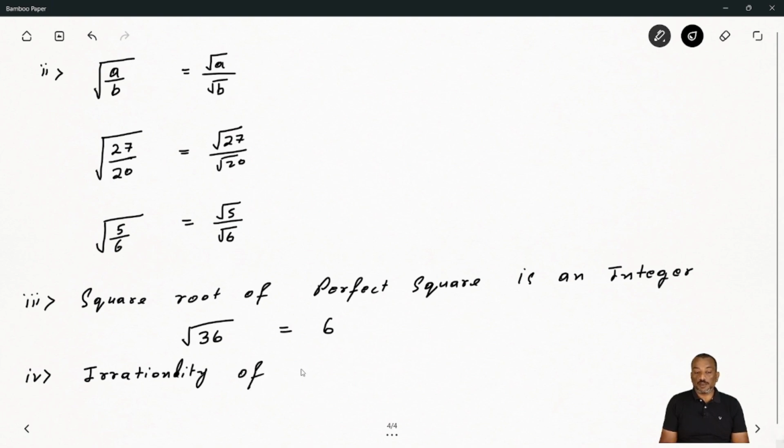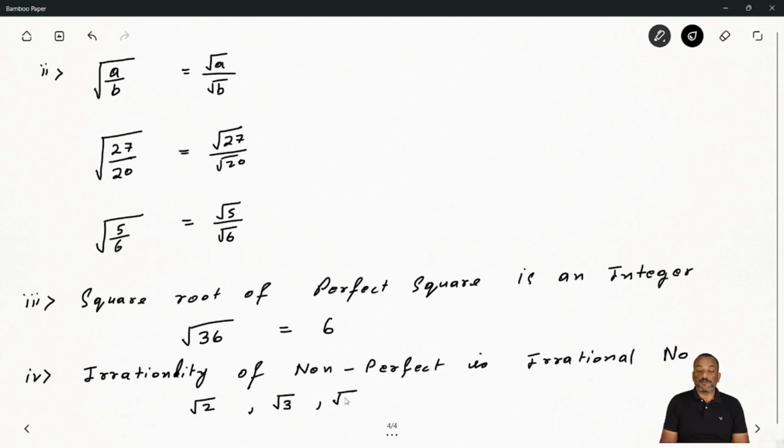Non-perfect squares are irrational numbers. If a number is not a perfect square, then the number is considered an irrational number. For example, square root of 2 is not a perfect square, so square root of 2 is an irrational number. Same way, square root of 3 is also not a perfect square, so it is also an irrational number.